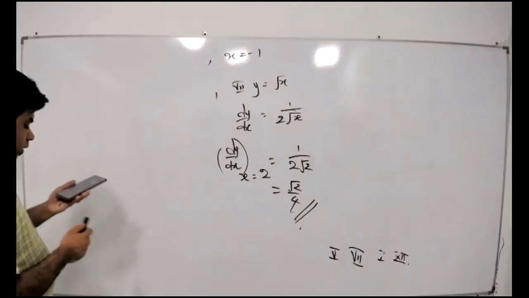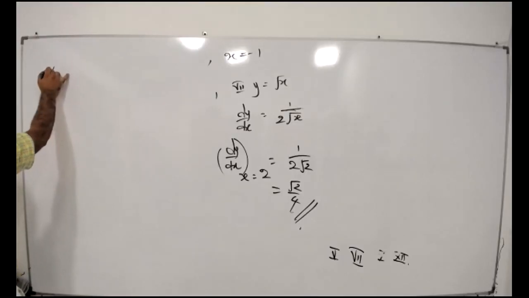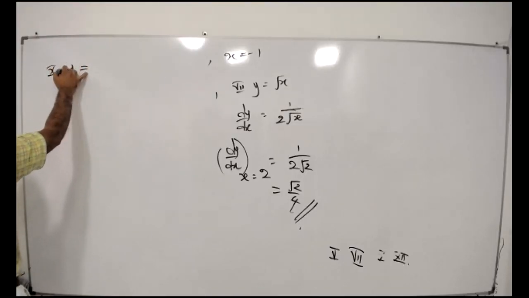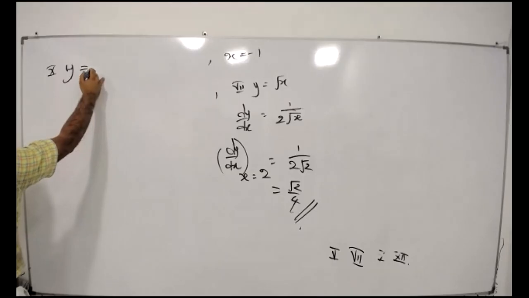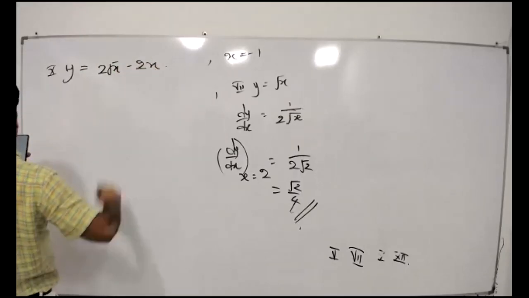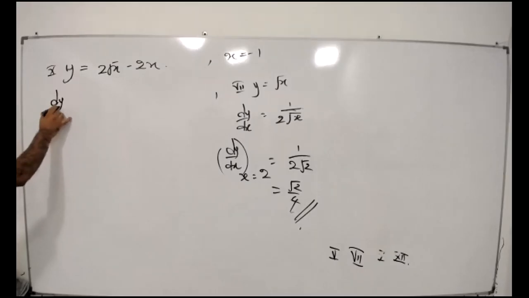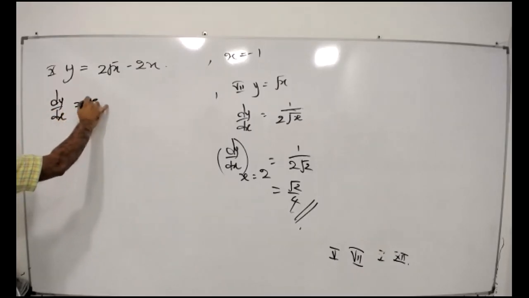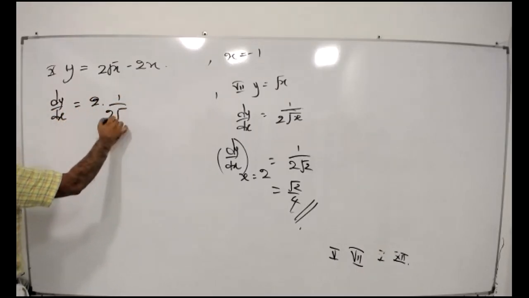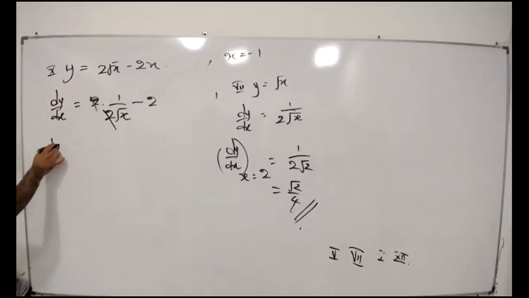Now in the 10th one, you don't need to go for the product rule. You better rearrange like this: 2 root x and minus 2x. Clear? If you rearrange like this, then dy by dx equals 2 into 1 over 2 root x minus 2, and these two cancel.